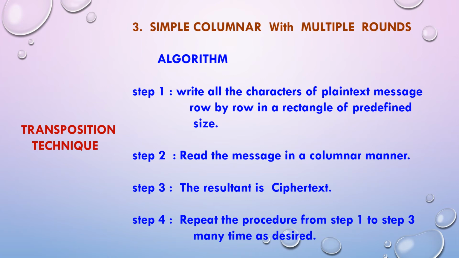The resultant message is the ciphertext. Step number 4. Repeat the procedure from step 1 to step 3 as many times as desired. The important thing to be noted here is, for reading the message, it need not be in the order of columns. It can be any random sequence.